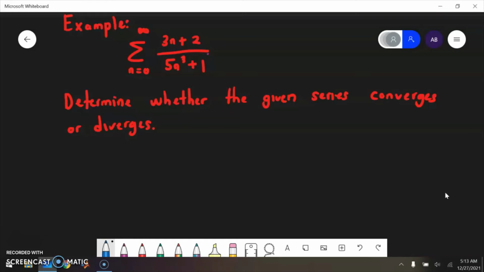So what do you do here? You compare this with the summation of 1 over n squared, right? But let's show it by using the ratio test.